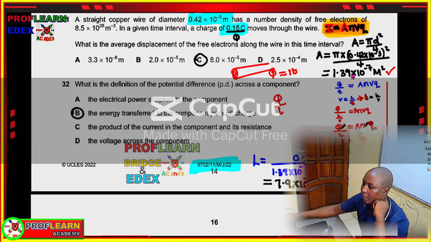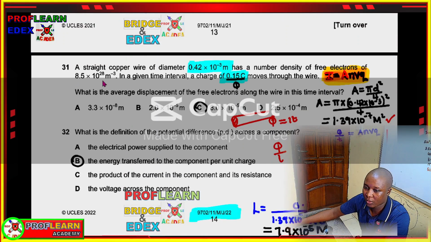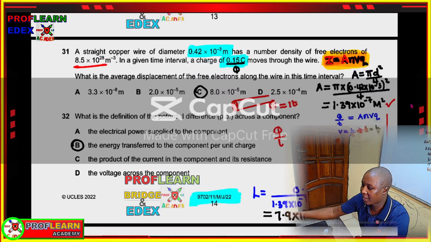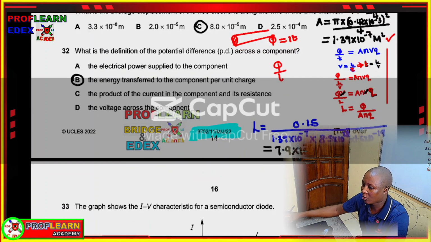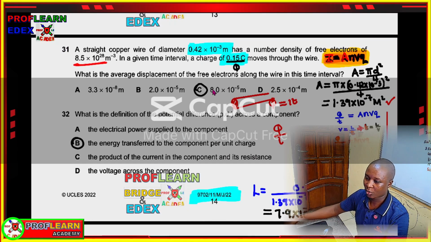Cross-section area we got 1.39 times 10 raised to power negative 7, and then times the charge density N, which was given in this question, and the charge of one electron is 1.6 times 10 raised to power negative 19. If we work it out, we are going to get 7.9 times 10 raised to power negative 5, and our answer translates to C. Our answer is C, if you round that off.